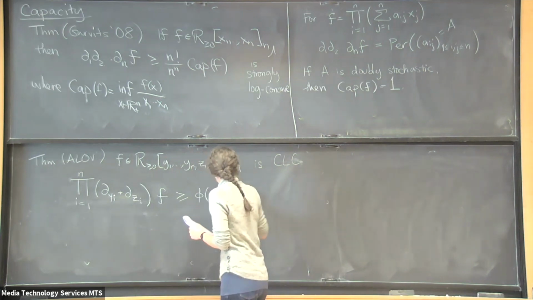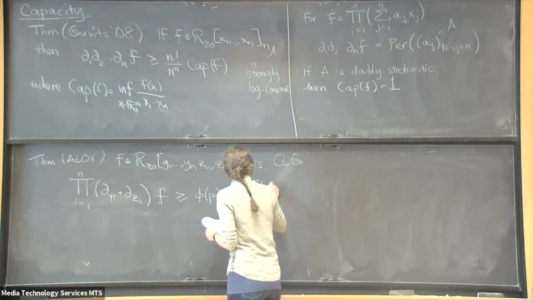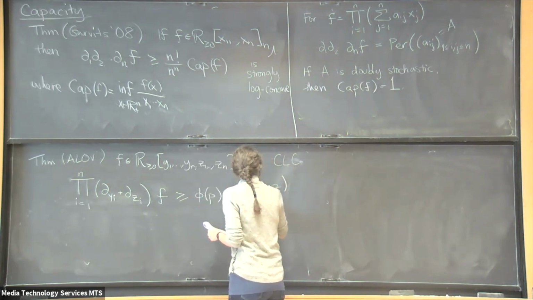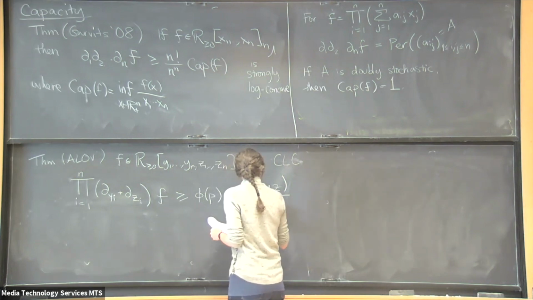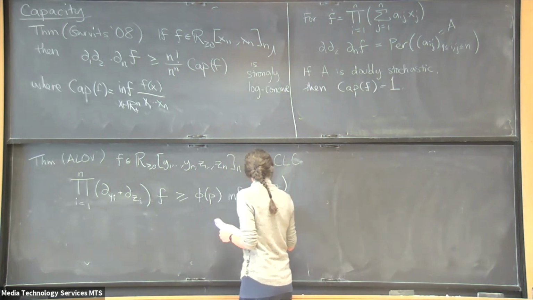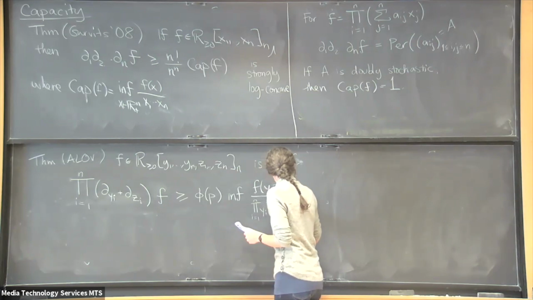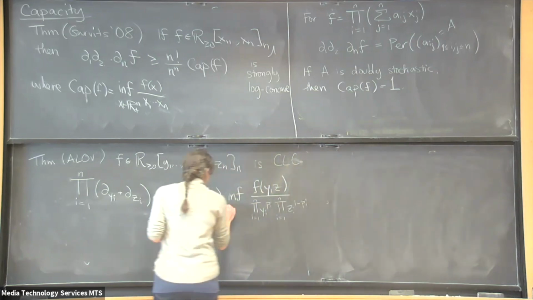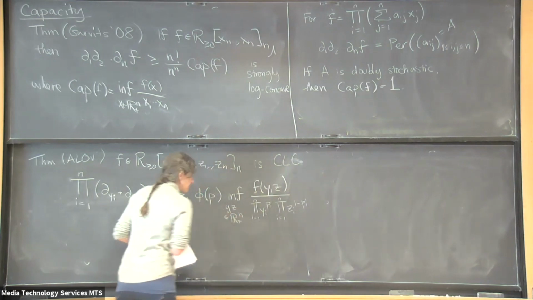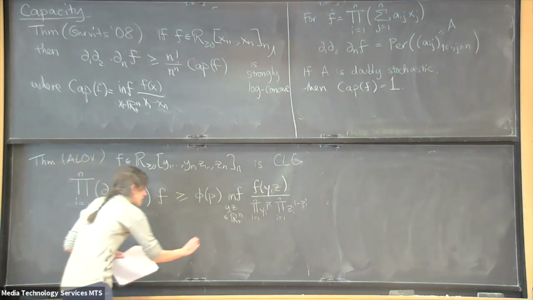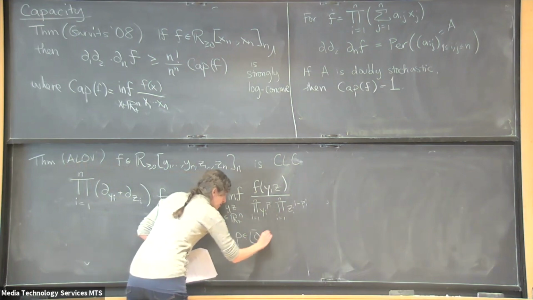We'll write it down, and let's not worry about it too much. Something that looks like capacity, over y and z in the positive direction, for all p in [0, 1].